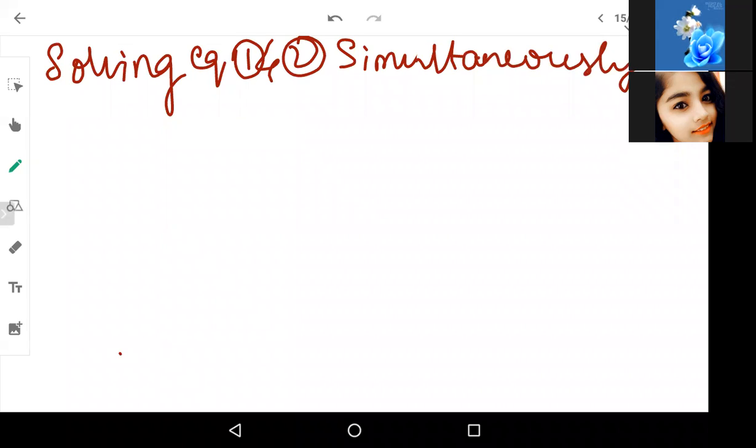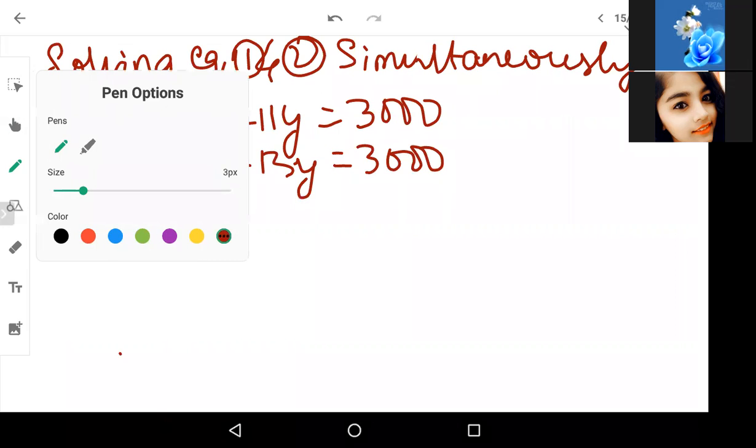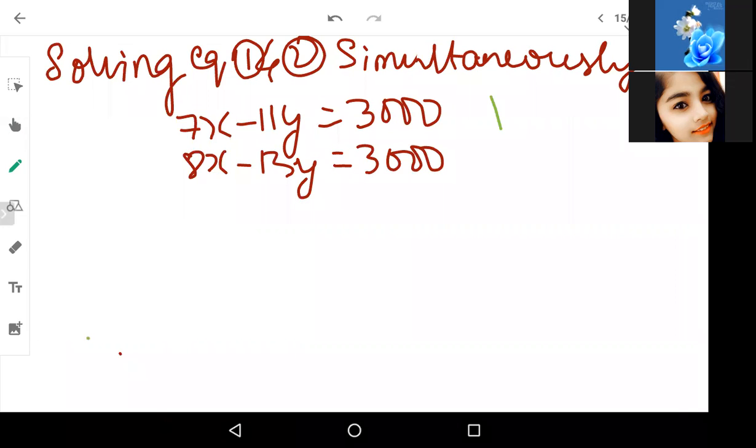The first equation is 7x minus 11y is equal to 3000, and the second equation is 8x minus 13y is equal to 3000. Now, if I want to make this x the same, I am supposed to multiply equation 1 with 8 and equation 2 with 7.